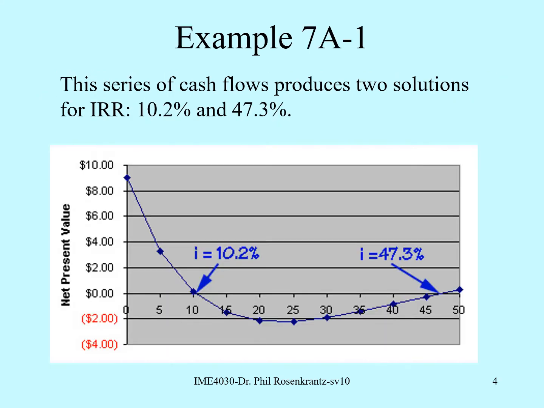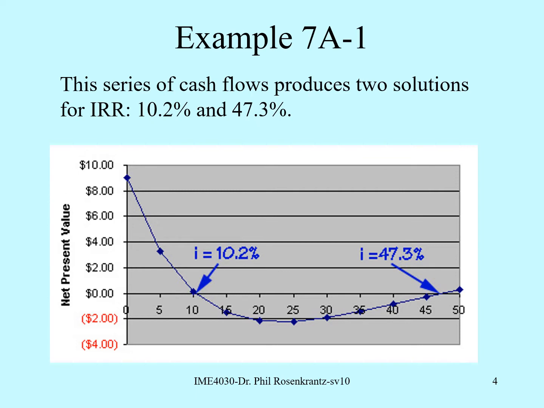If we solve for the unknown interest rate using the equation the net present worth equals 0, in this particular situation, we can find that there are two solutions that set the net present worth equal to 0, 10.2% and 47.3%.